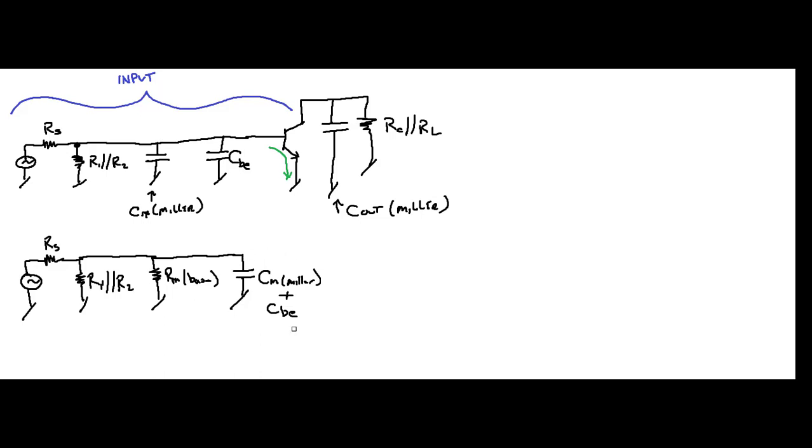All right. Now let's take this. Let's Thevenize it. So if we Thevenize it, we're going to look here from here this way. We're going to Thevenize this whole thing to get the Thevenin resistance.